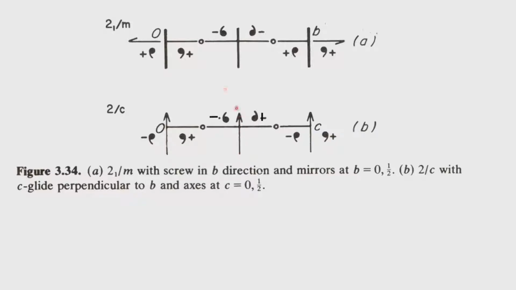Now, the fact that there is a two-fold axis here at 0, a two-fold axis at half, and a two-fold axis again at this particular position will generate the C glide operation, which is now, remember, along the C axis. So, the half translation is along the C axis. So, you mirror reflect it and translate by half unit, and this point gets generated.